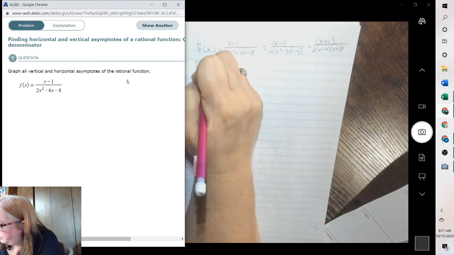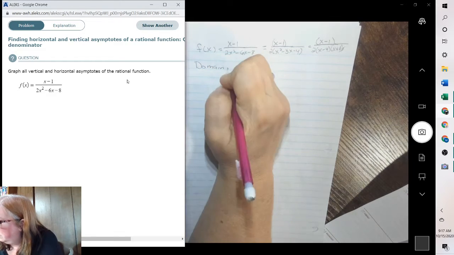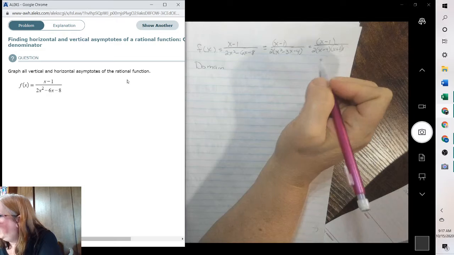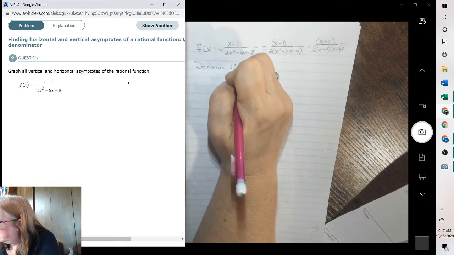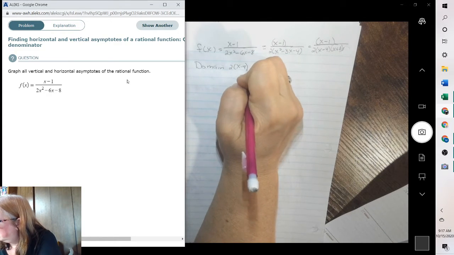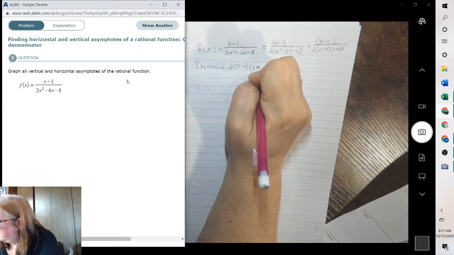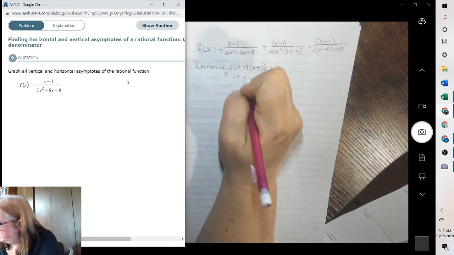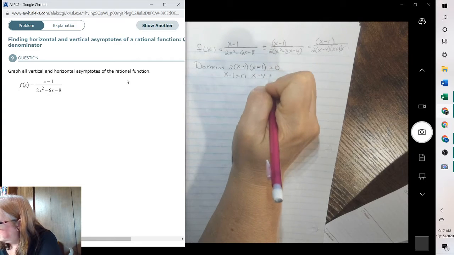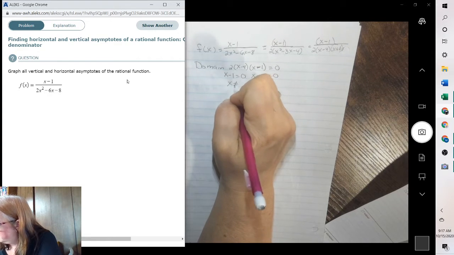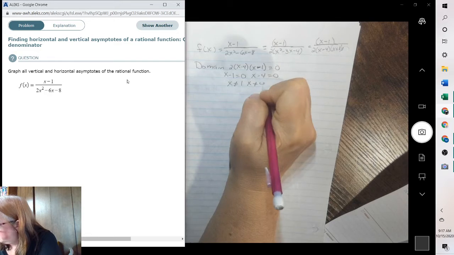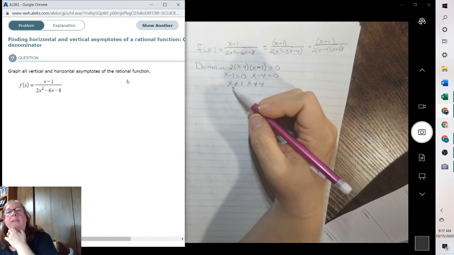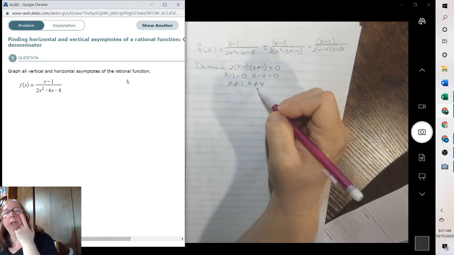So the first thing we do is find our domain. You set the denominator equal to 0. So for our domain, x can be any number except for 1 and 4.